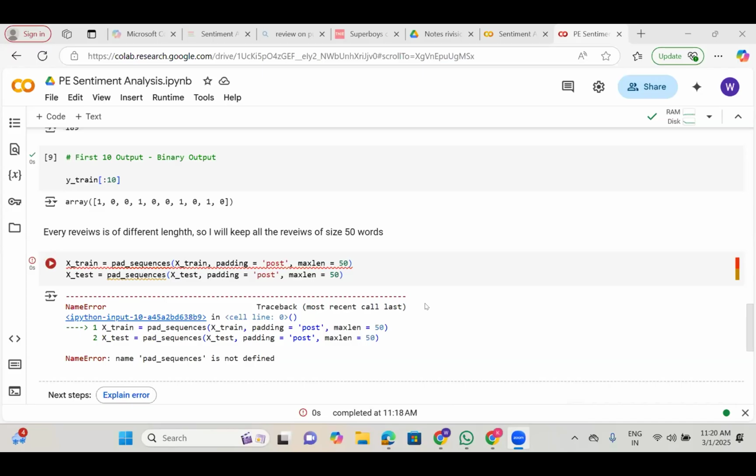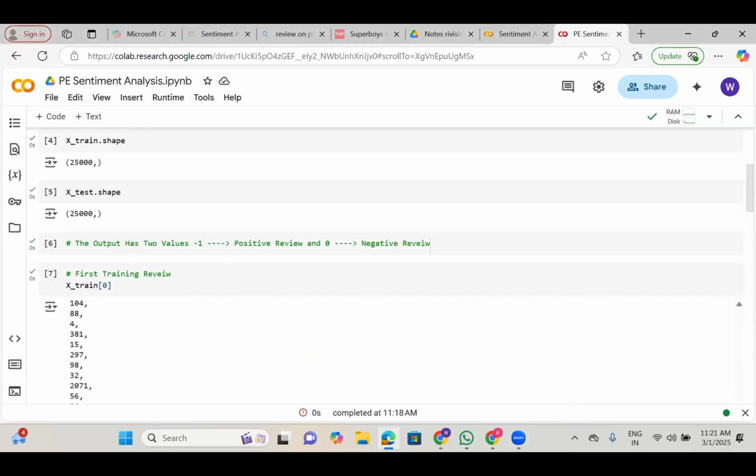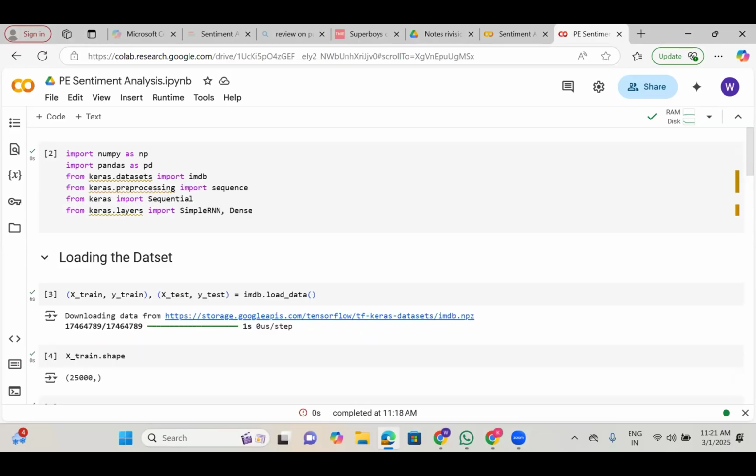Go to the very starting. First line. You missed one line of code, one library. Look at the file I have given. Open the file I have given. This one is yours, or this one is mine?